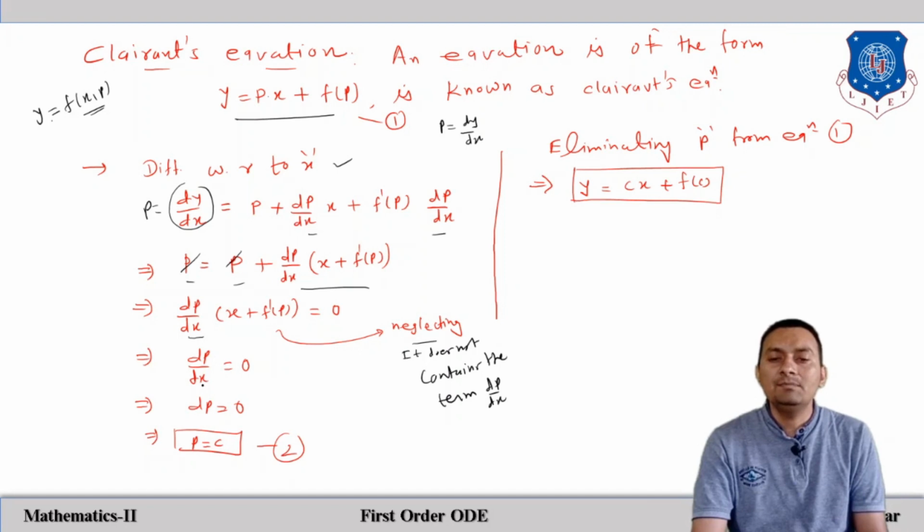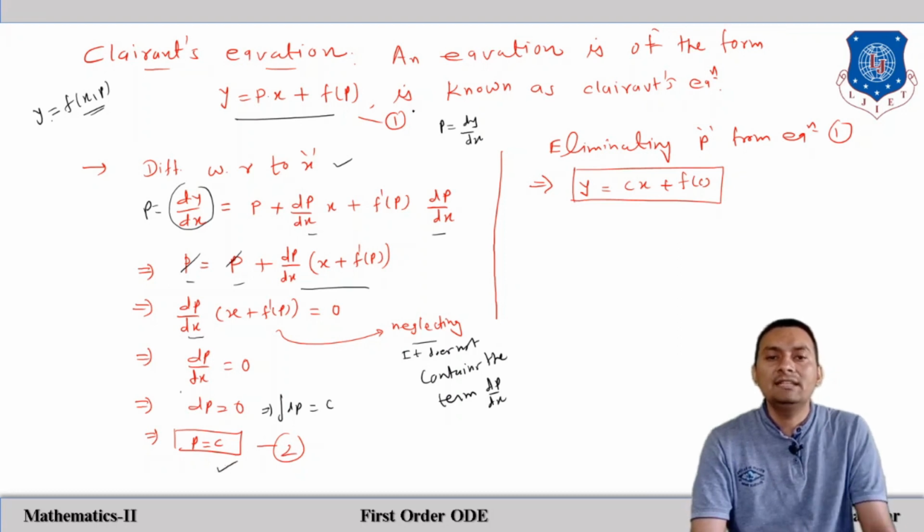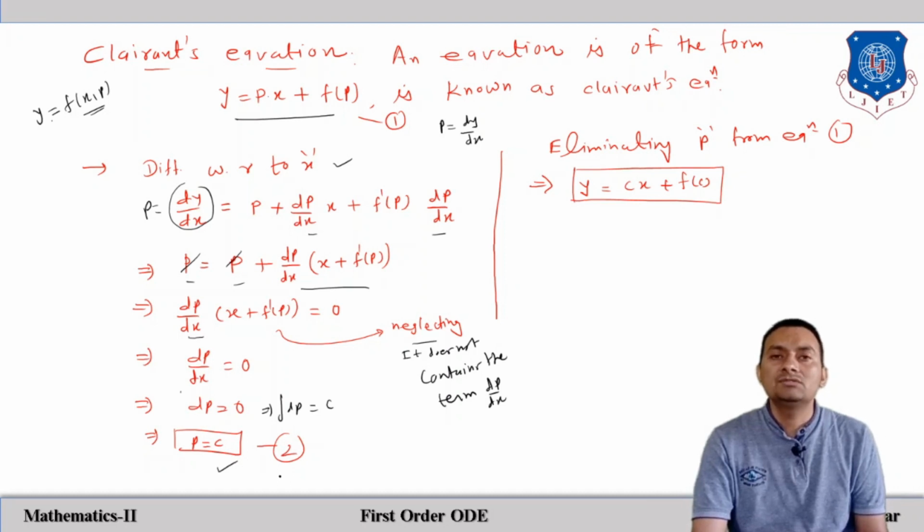So we have dp by dx is equal to 0, and from this dp is equal to 0, and after integrating we get the arbitrary constant c, so p is equal to c. Now we have equation number 1 and this is equation number 2. I have to remove the p variable in equation number 1.